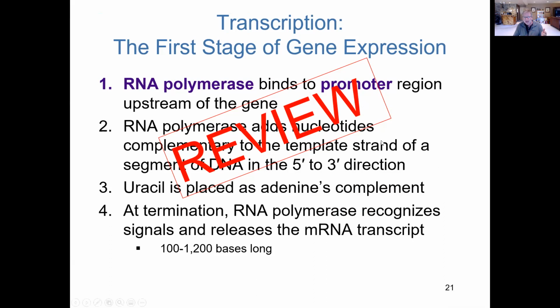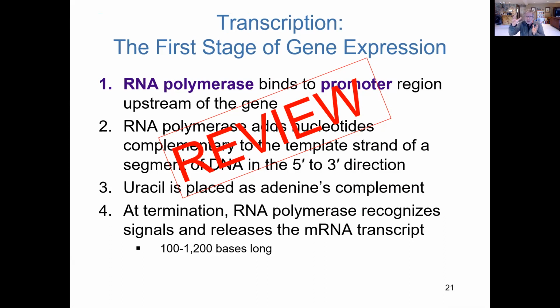Now, I'm not going to get into detail with respect to how these new RNA nucleotides are added in a particular direction. This is beyond the scope of this course, I think. But I just want you to understand that this enzyme will associate with what's called the promoter region of the gene, the beginning of the gene, and it's going to move along that entire segment of DNA to the end of that gene.